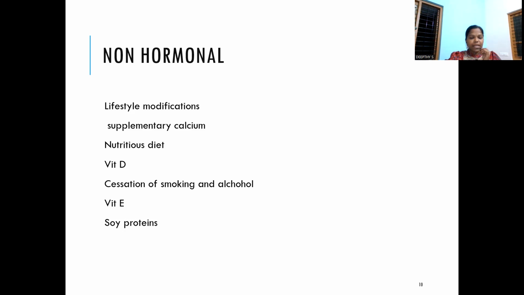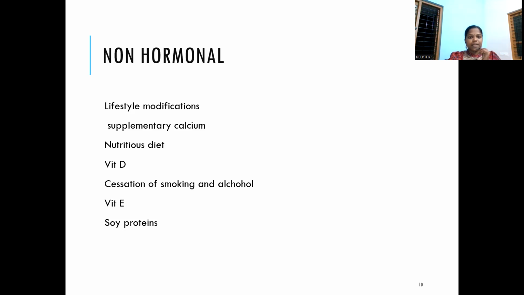Then supplementary calcium. Supplementary calcium along with vitamin D3, that is 1000 to 1500 to 2000 international units of vitamin D3, along with calcium should be supplemented. Then a nutritious diet rich in calcium and protein should be followed. Vitamin D we have already said.